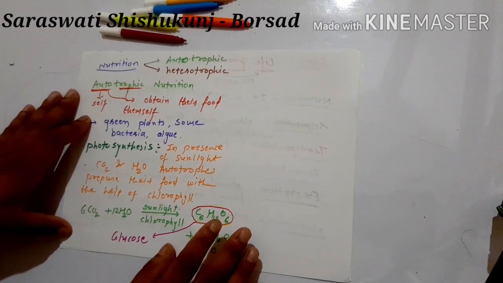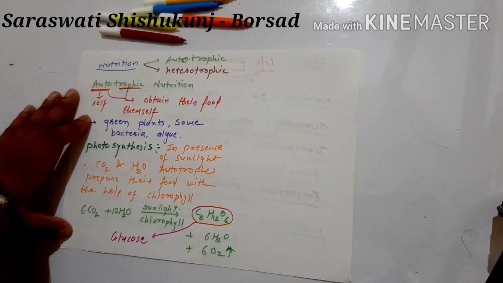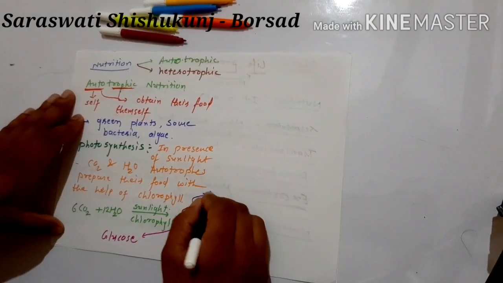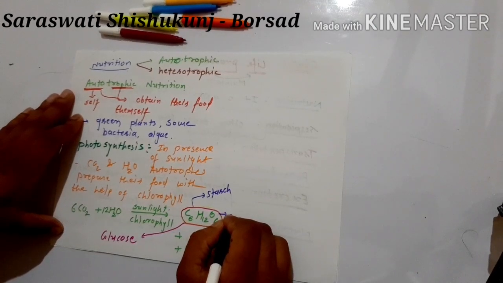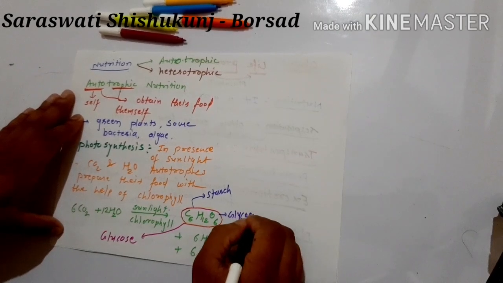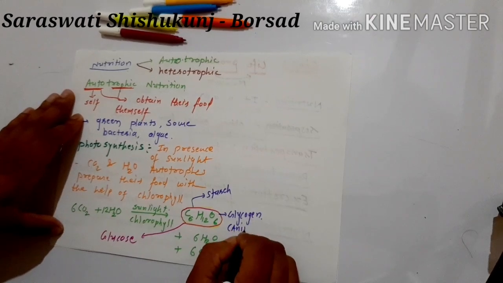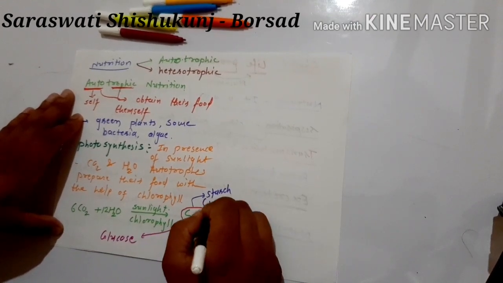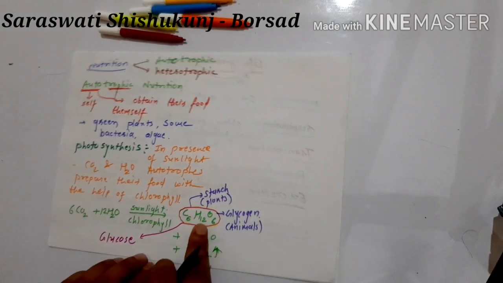The remaining carbohydrate will be in the form of starch or in the form of glycogen. If this glucose is unreacted or undigested, it can be in the form of starch or glycogen: glycogen in animals and starch in plants, right?